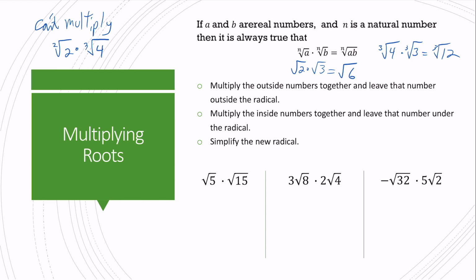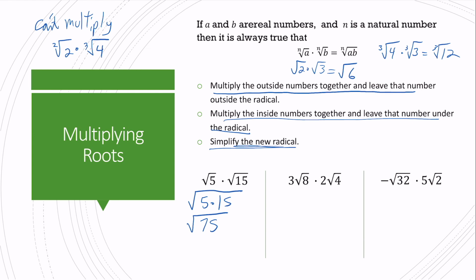So in order to multiply radicals, we multiply our coefficients, those outside numbers, together. And then we multiply what's under our radical and simplify the new radical if we can. So if I have the square root of 5 times the square root of 15, that becomes the square root of 5 times 15, which is the square root of 75.